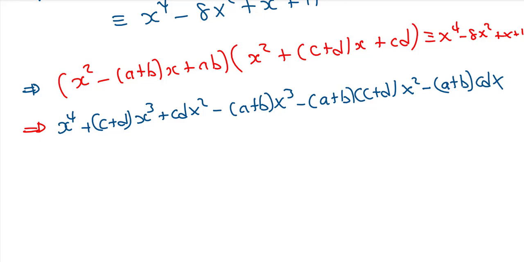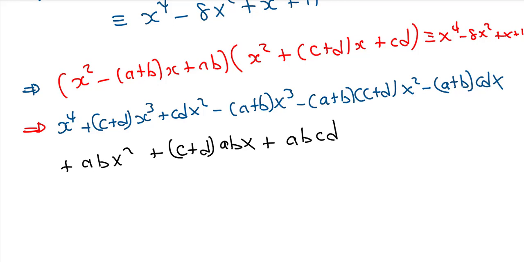Continue. Now the last, so we have plus ab x squared, plus c plus d ab x, then plus abcd.